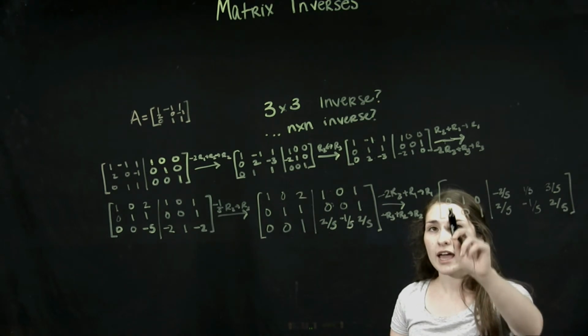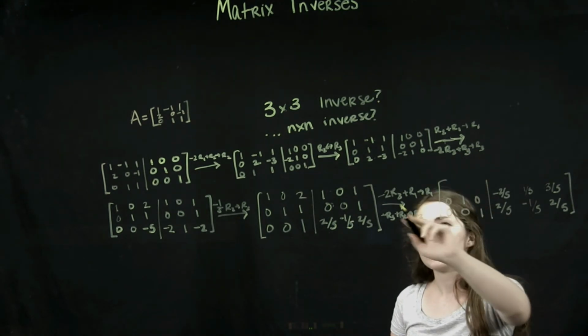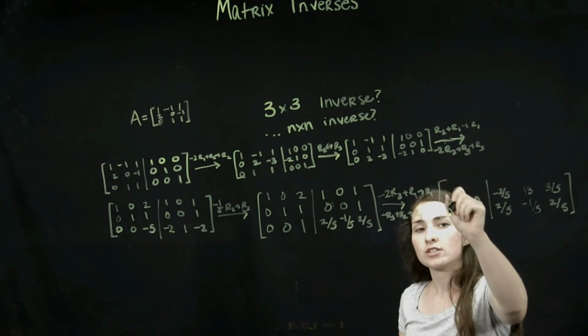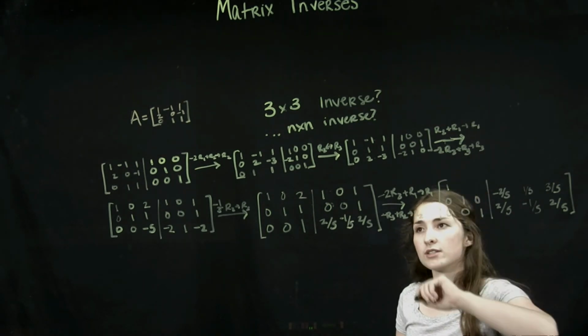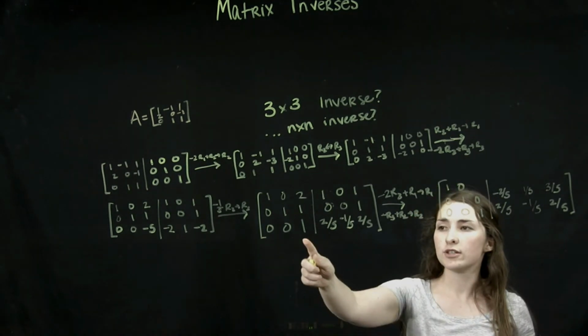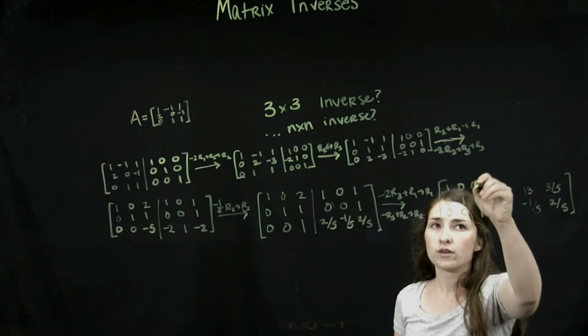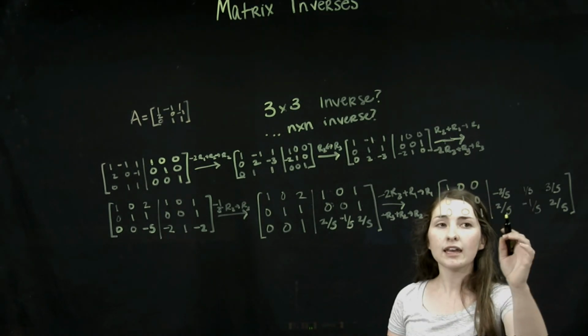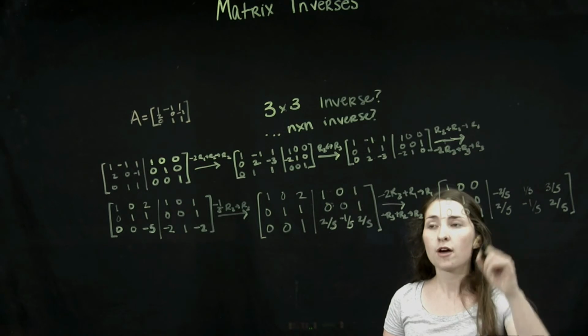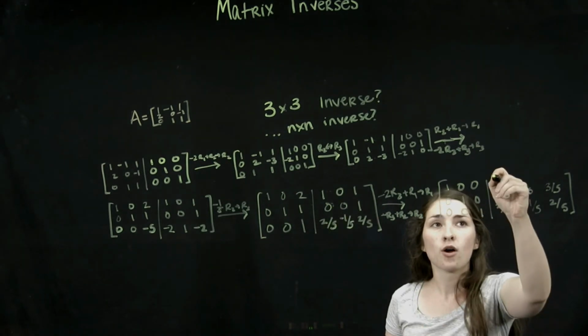And then we're going to take negative 2 times row 3 plus row 1. So negative 2 times 0 plus 1 is 1. Negative 2 times 0 plus 0 is 0. Negative 2 times 1 plus 1 is going to give us a 0. And then negative 2 times 2/5 plus 1 is going to give us 1/5.